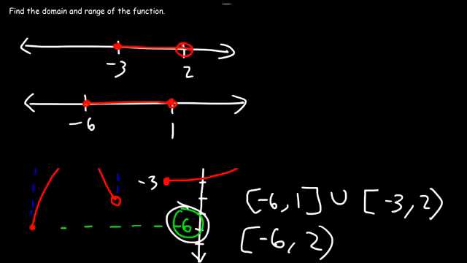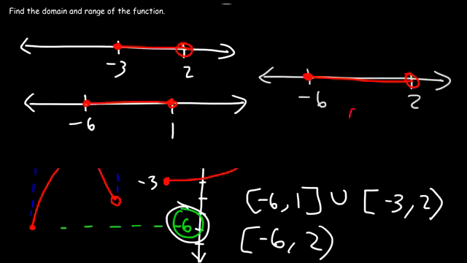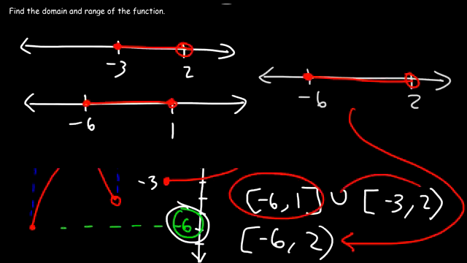If we combine those two into one number line, finding the union between them, it's going to look something like this. It's going to start at -6, in a different color, and then stop at 2, which gives us this expression. So what you could do is find the range for each portion of the graph separately, and then just find the union for anywhere they overlap, and that would still give you the range.